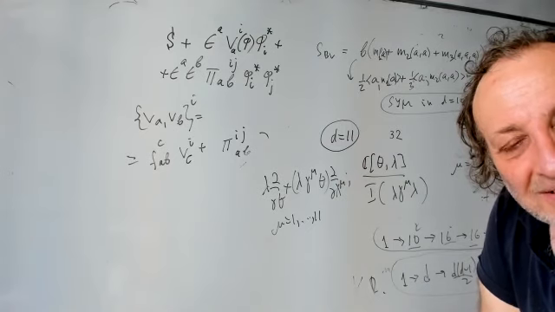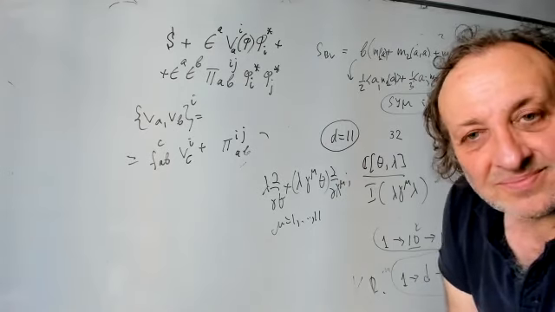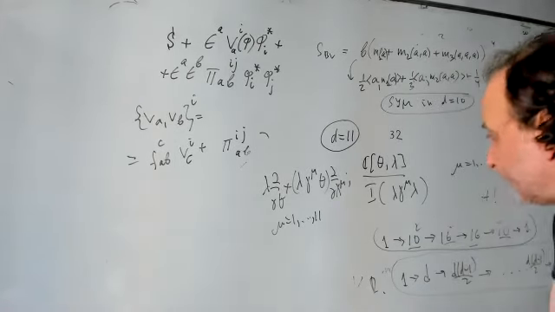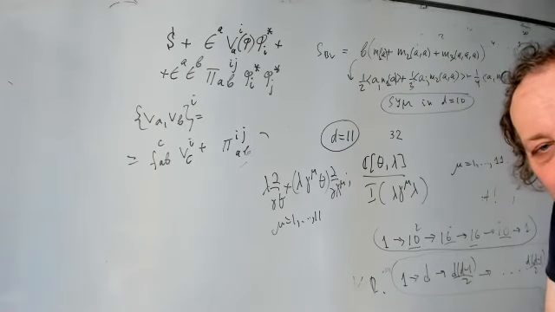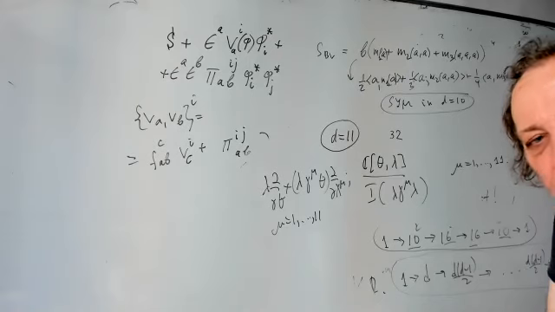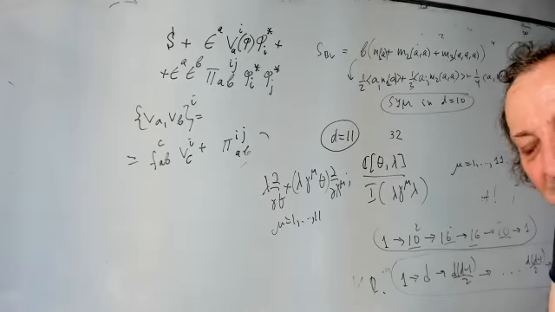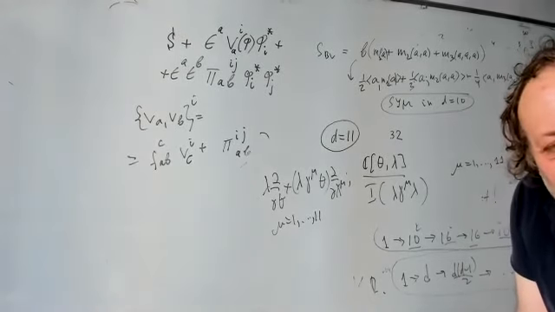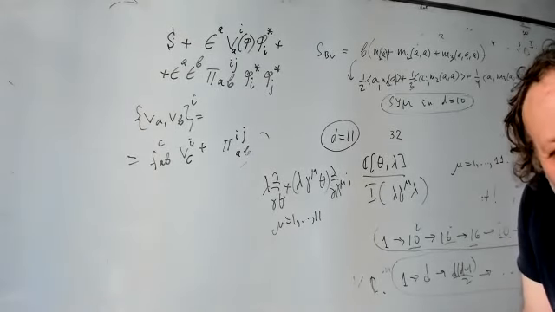But the quadrics pair only left with left and right with right? Yes, the pairings pair left with left and right with right. And gamma 11, as you know, is just 1 on left and minus 1 on right.